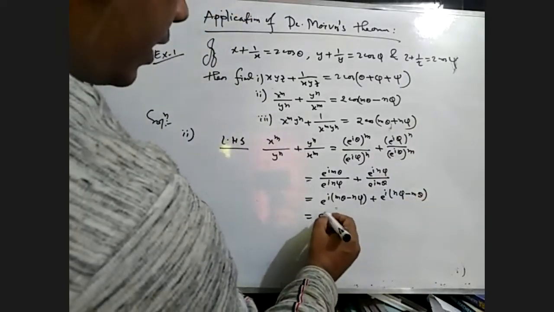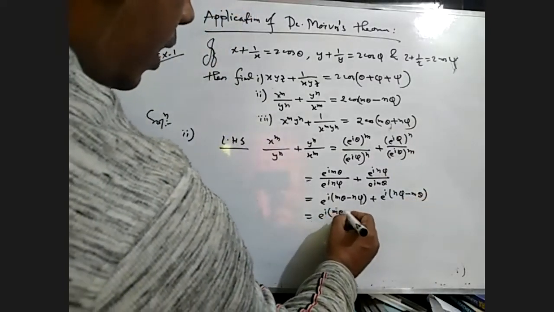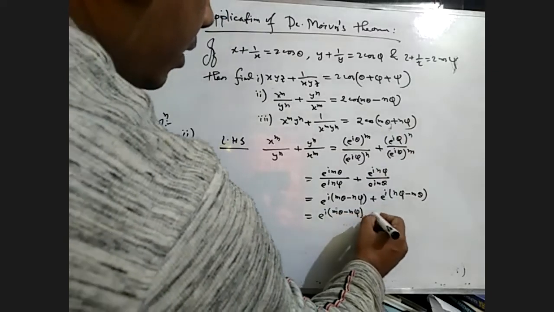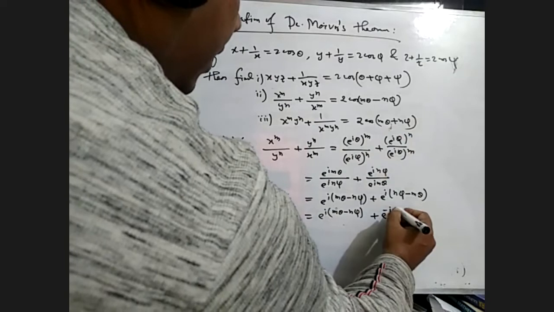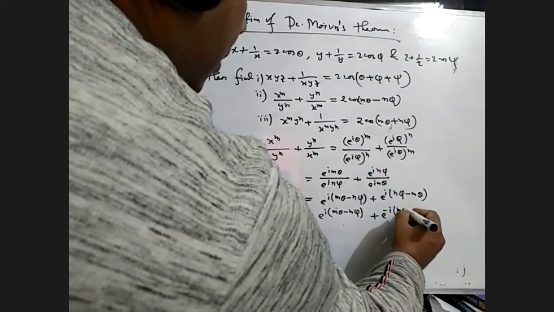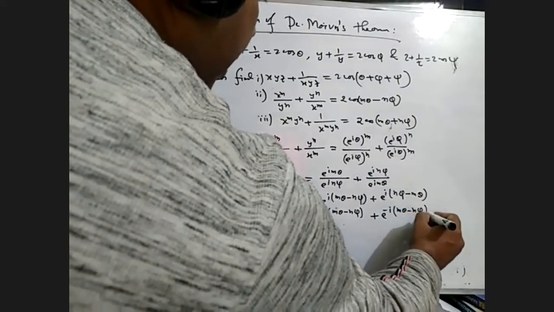So from this line, e to the power i (m theta minus n phi) plus e to the power minus i (m theta minus n phi).